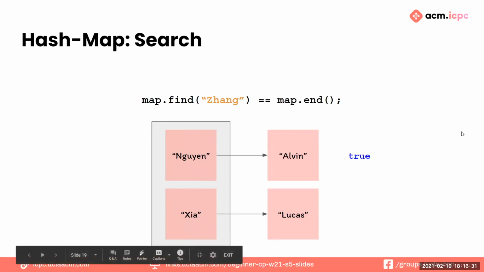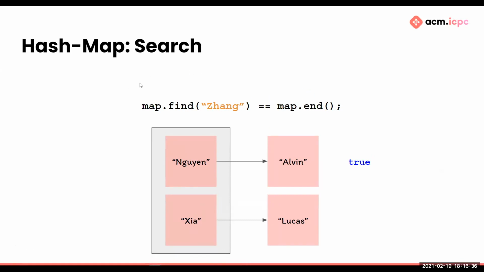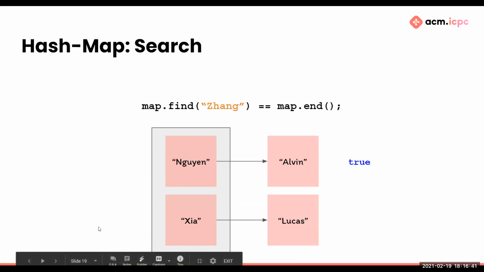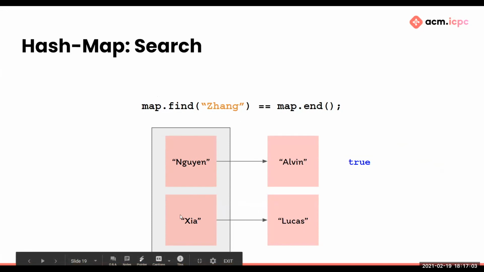Okay, and then you can also do find. Find is a bit weird with hash maps because it uses the C++ tool called iterators. I'm not sure if you guys have learned iterators yet, but what you do is map.find and then whatever key you want to find. For example, I use Zhang, and it should return an iterator to one of the key value pairs. You can think of an iterator as kind of like a pointer.